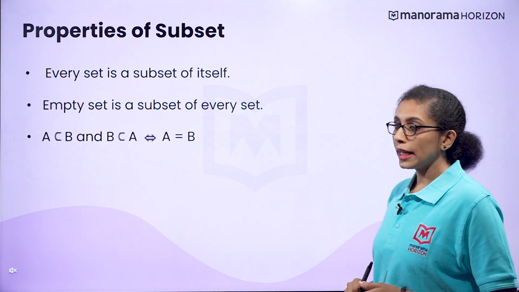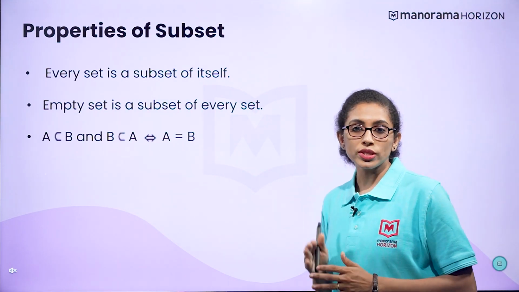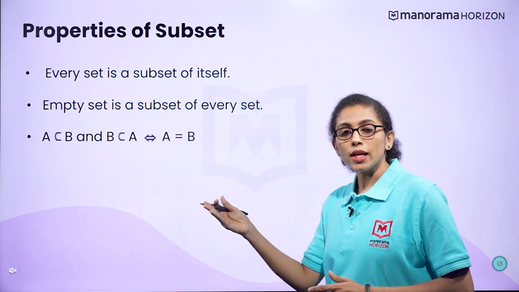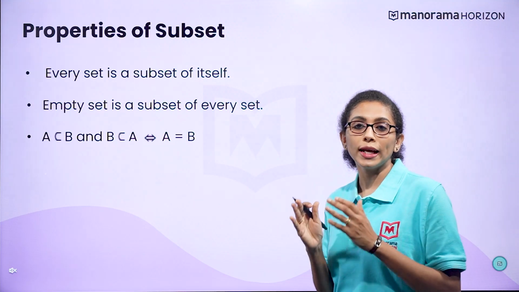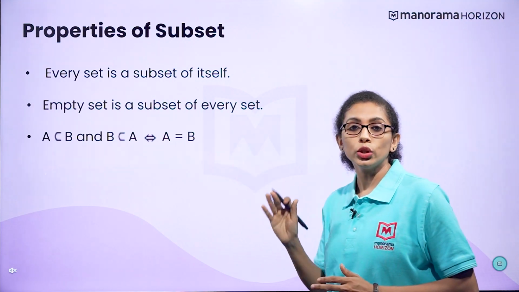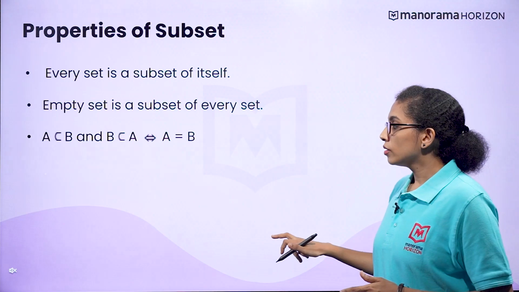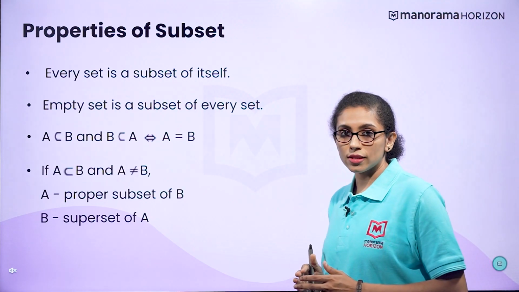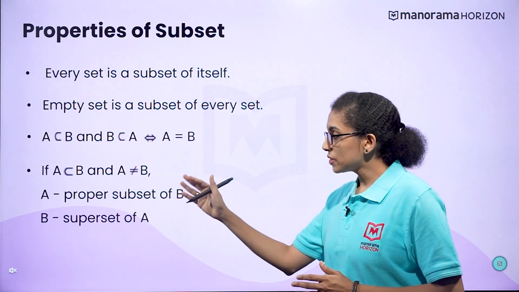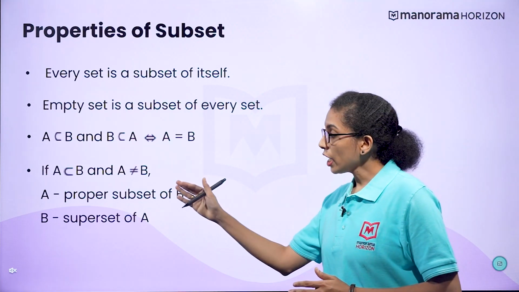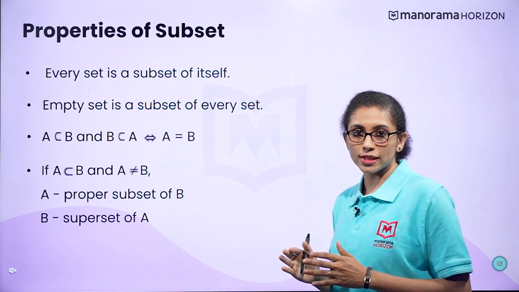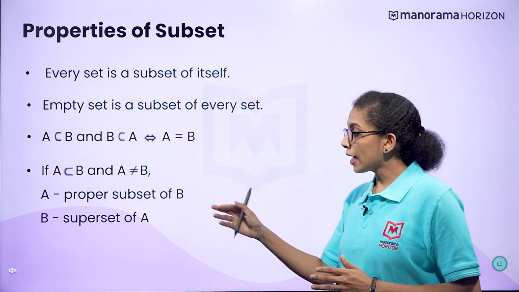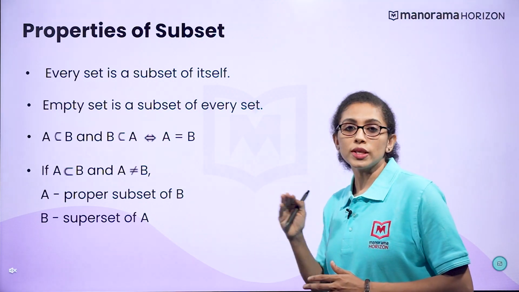Third, if A and B are two sets such that A is a subset of B and B is a subset of A, if and only if A is equal to B. Similarly, the last one: if A and B are two sets such that A is a subset of B and A is not equal to B, then we say A is called the proper subset of B and B is called the superset of A.